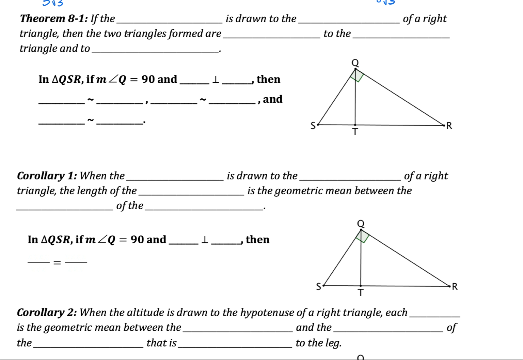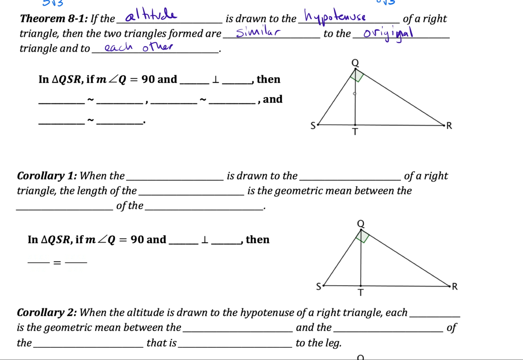It says that if the altitude is drawn to the hypotenuse of a right triangle, then the two triangles formed are similar to the original triangle and to each other.